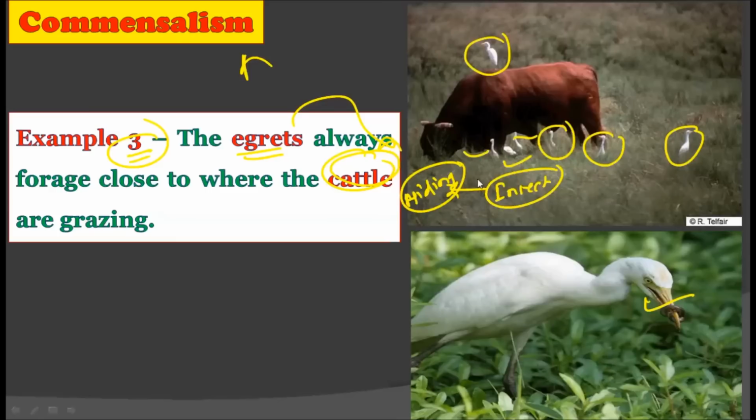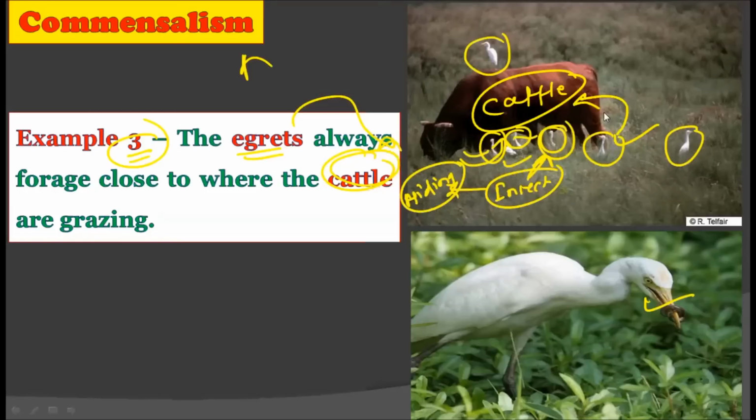And when such insects come out of the grass, the egrets take the opportunity to catch and feed upon them. So the cattle is indirectly helping the egrets to get food, right? But the egrets, on the other hand, neither benefit the cattle nor harm the cattle. The relationship between the egrets and cattle is commensalism. That is, one gets benefited and the other remains neutral.